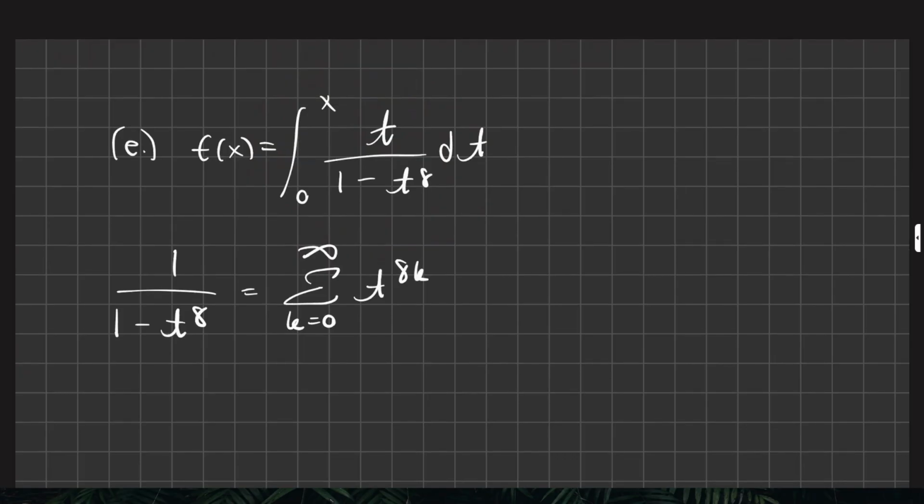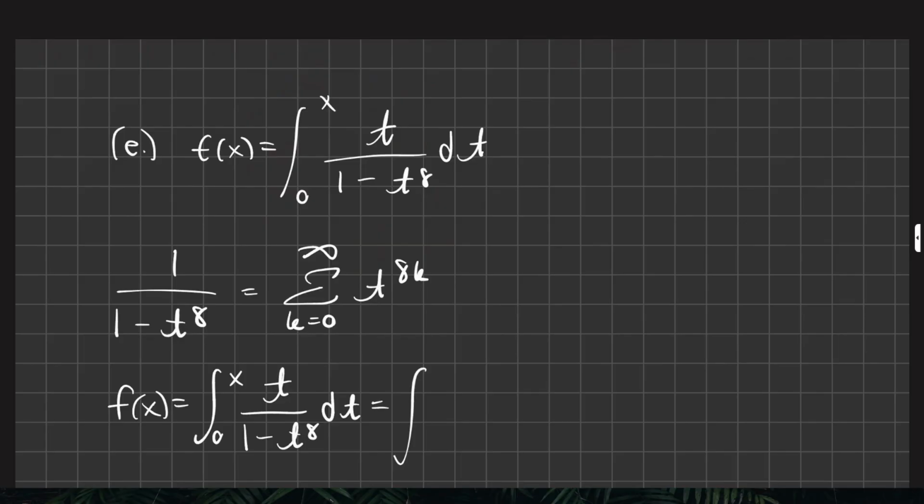Then we're given f of x is this integral of t over 1 minus t to the 8th dt. This is the integral of now this power series that we know. I want the t inside the integral, sorry. So the integral from 0 to x of t times the sum k equals 0 to infinity of t to the 8k dt.